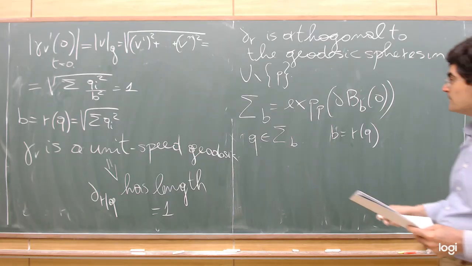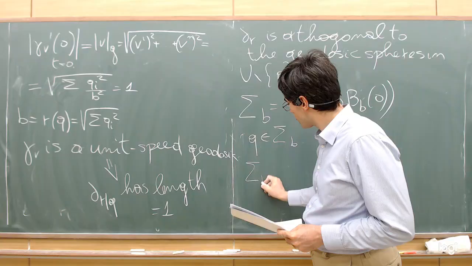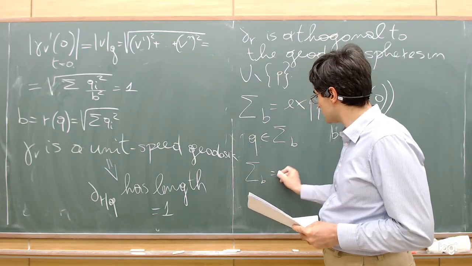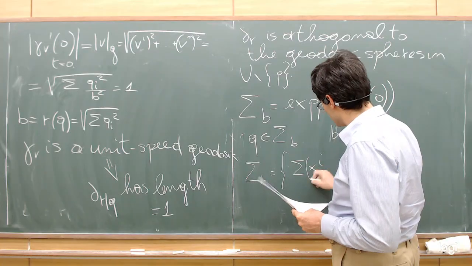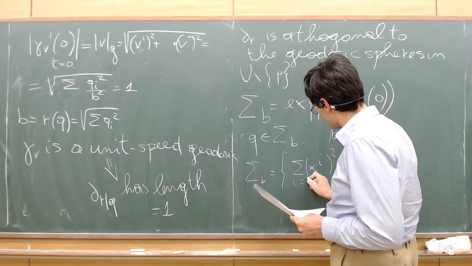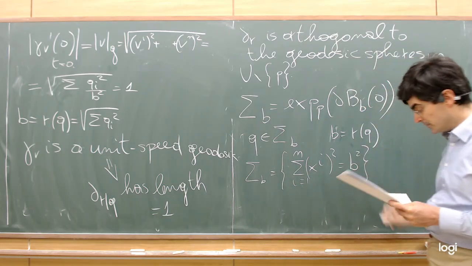So clearly the representation of sigma_b in local coordinates is the sum of xi squared equal to b squared.